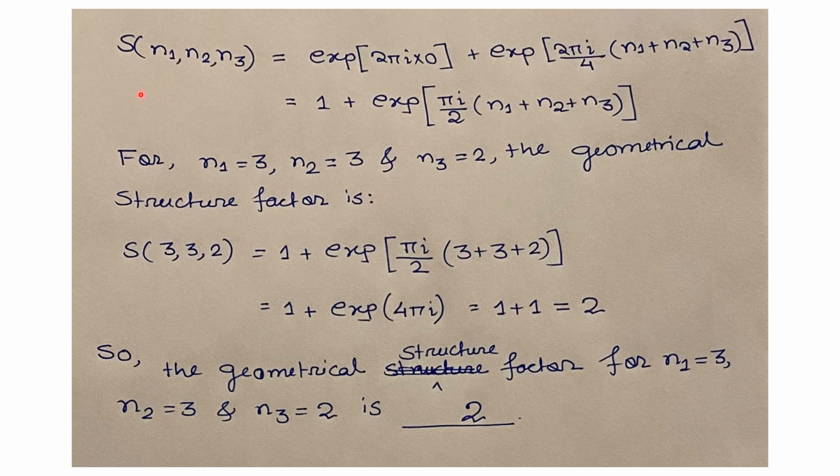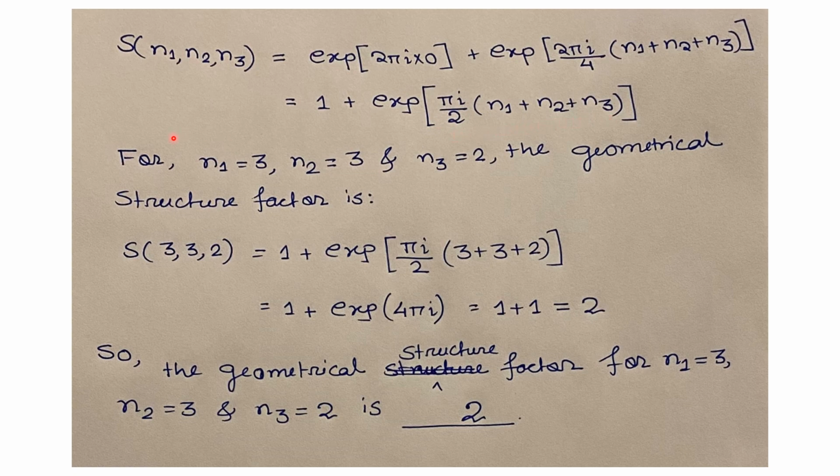So, we are having that the structure factor S is equals to exponential of 2 pi iota times 0 plus exponential of 2 pi iota by 4 times n1 plus n2 plus n3. So, this term will give exponential of 0, that is 1, and the second term will give exponential of pi iota by 2 times n1 plus n2 plus n3.